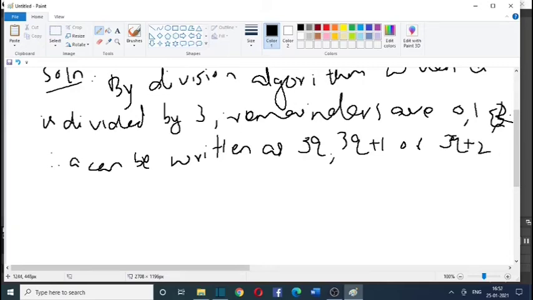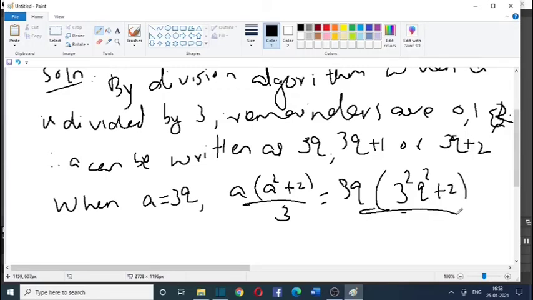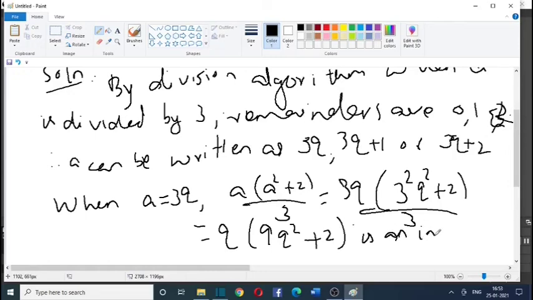So now when a is equal to 3q, a into (a square plus 2) by 3 is equal to 3q into ((3q) square plus 2) by 3, which is equal to q into (9q square plus 2), which is an integer, since q is an integer.